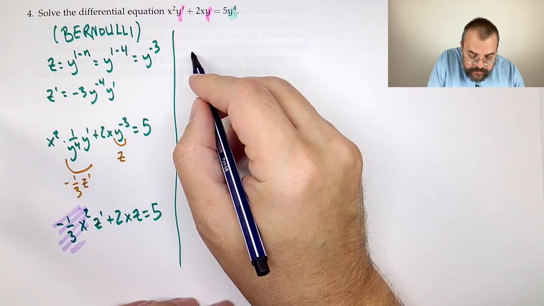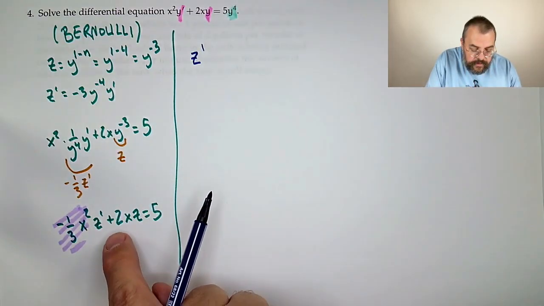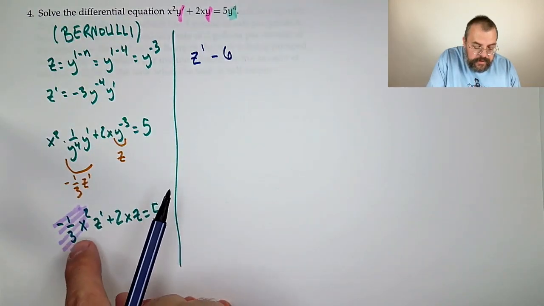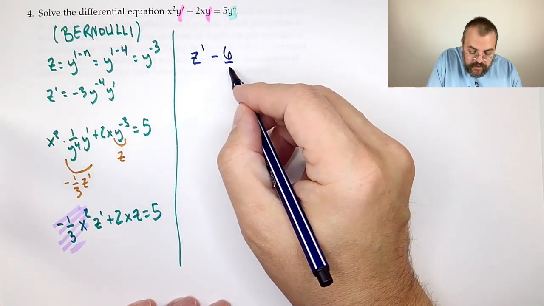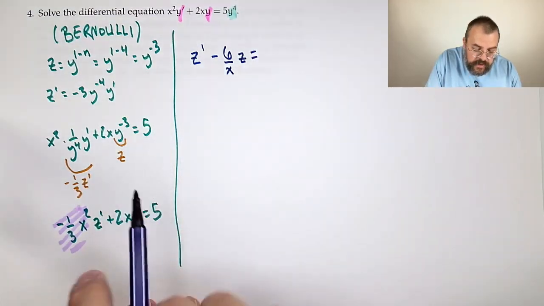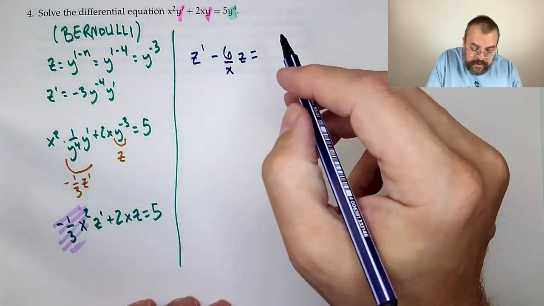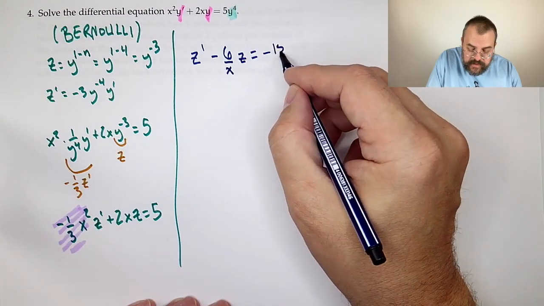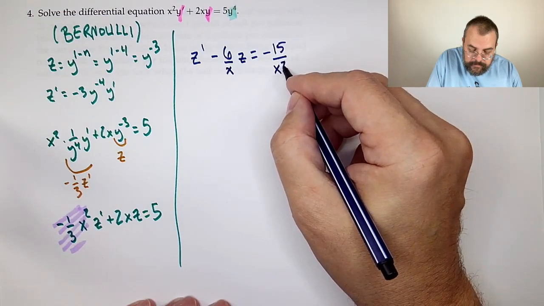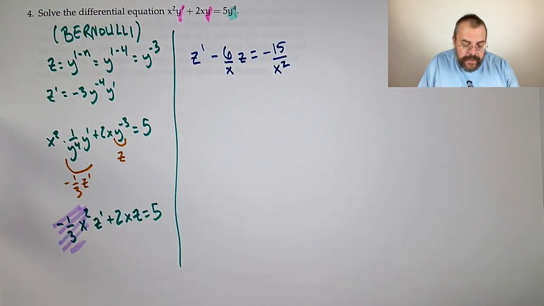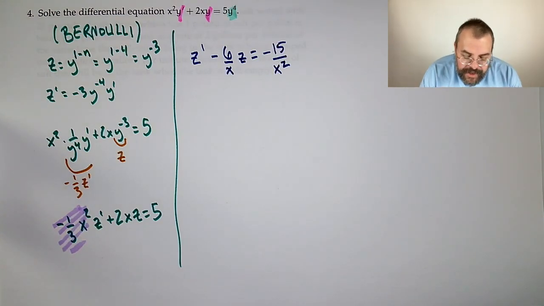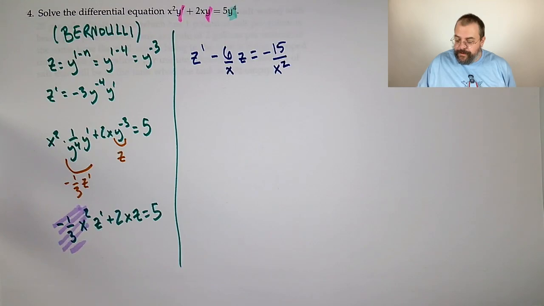So z prime, multiplying by -3 makes that -6, dividing by x squared, so it's over x times z, will be equal to -15 over x squared. Great. We're making wonderful progress because it's now in just the right form.